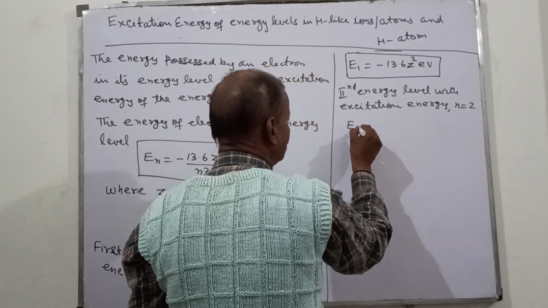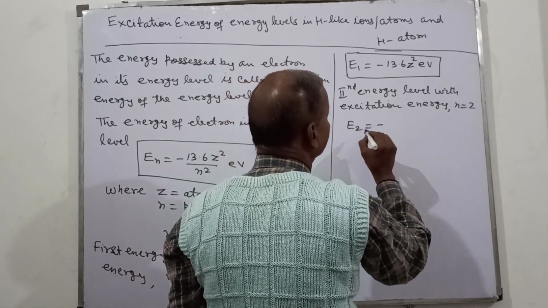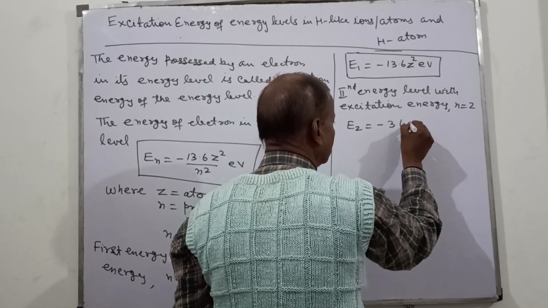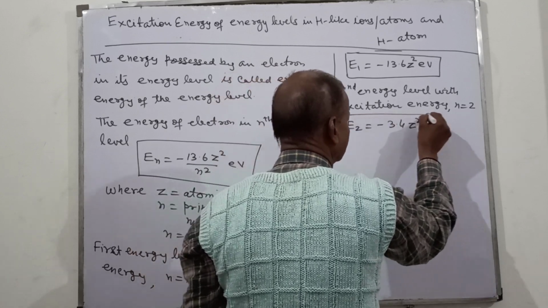So E2 equals minus 3.4 Z square electron volt.